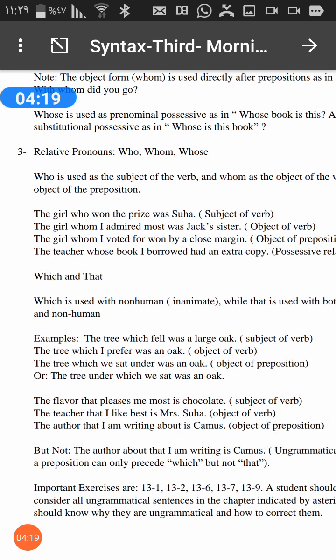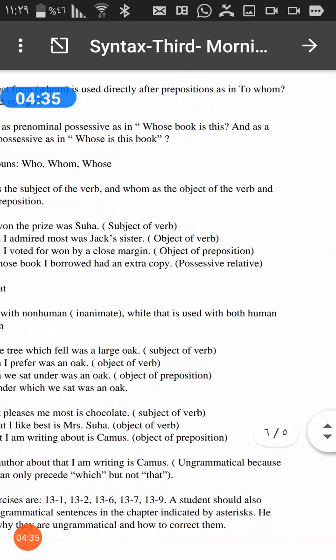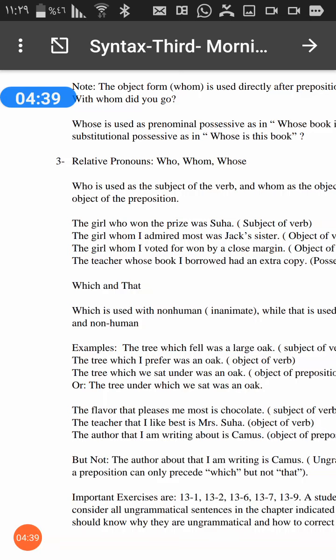Who is used as the subject of the verb, يستخدم كفاعل للفعل، and whom as the object of the verb، أما whom مفعول به للفعل، and likewise object of the preposition.